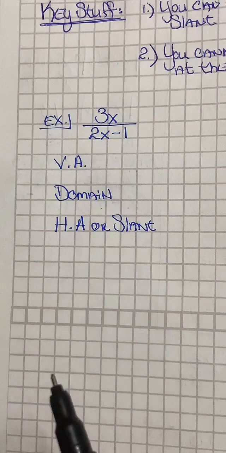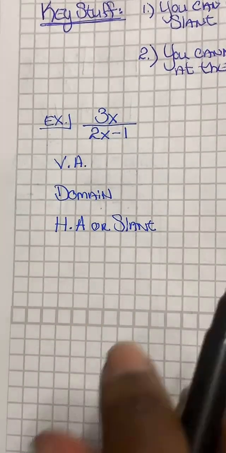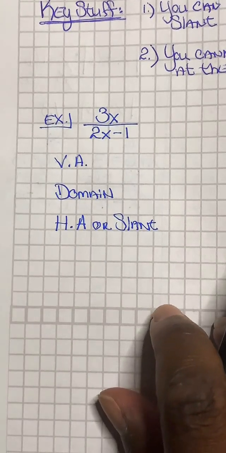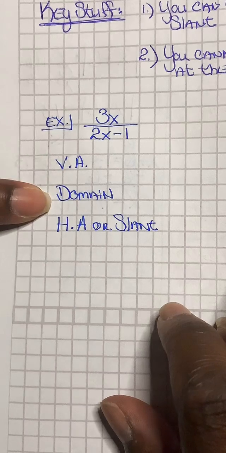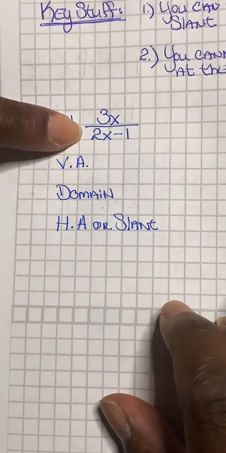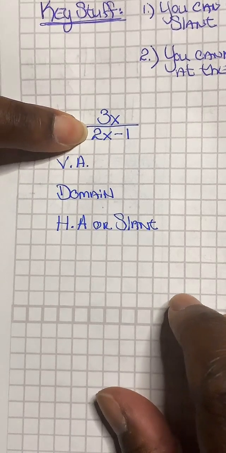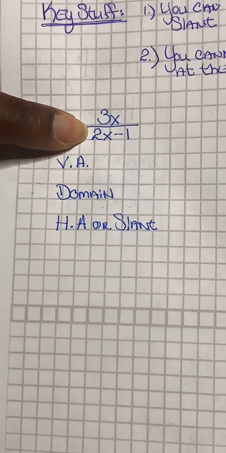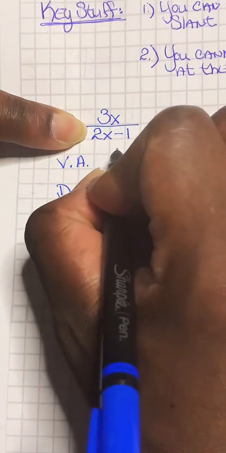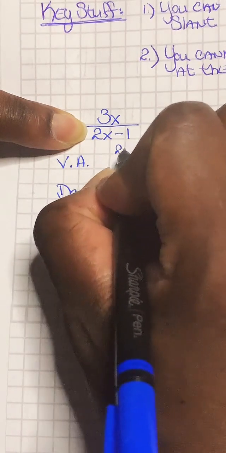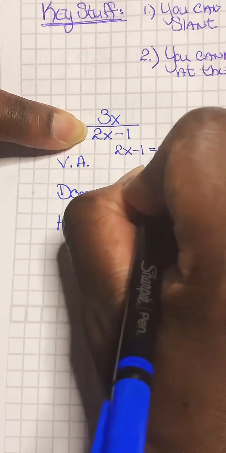All right. Okay, so let's walk it through. So the VA, especially for those that came a little bit later. So the VA and the domain, you automatically look at the denominator. Okay? Automatically look at the denominator. So your VA is when you take this denominator, which is 2x minus 1, and you set it equal to 0.